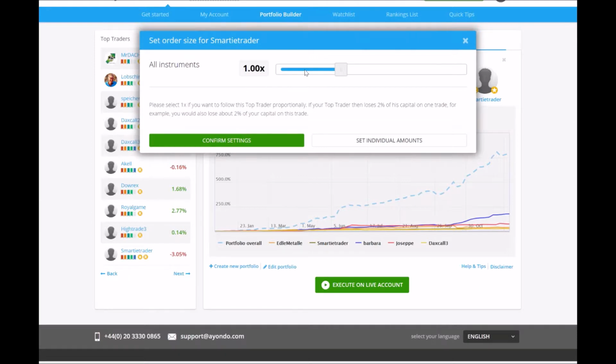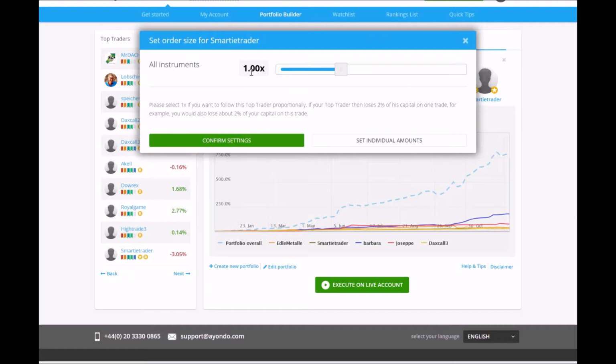But what I can do, I can dial that risk up or down. So down here, it says please select 1 times if you want to follow this top trader proportionally. So what this means is, if Smarty Trader does a trade on the DAX where Smarty's risking losing 2%, if I'm at 1 times, the trade will be done on my account where the risk of loss is 2%.